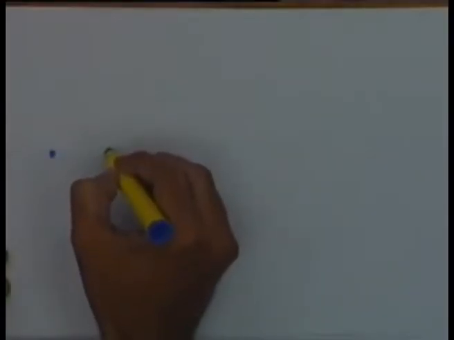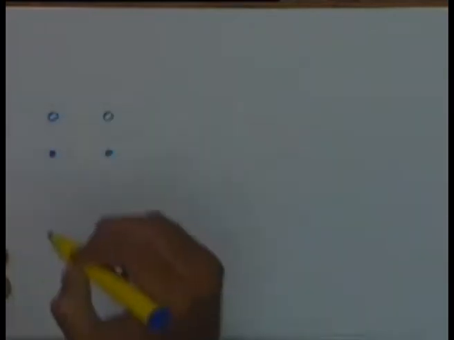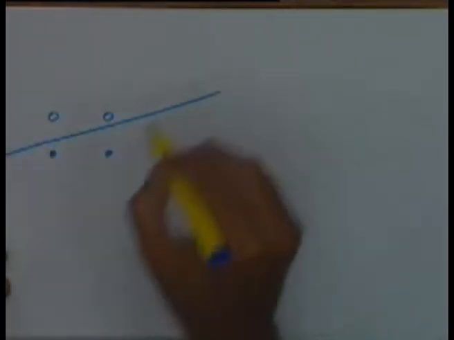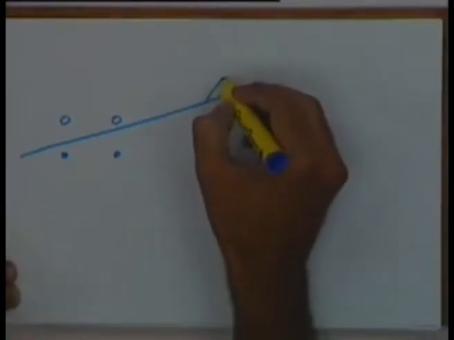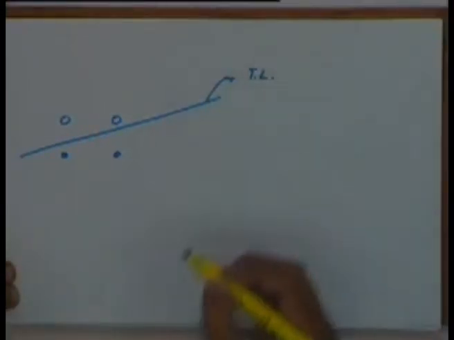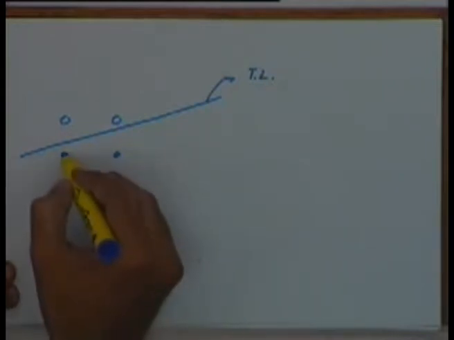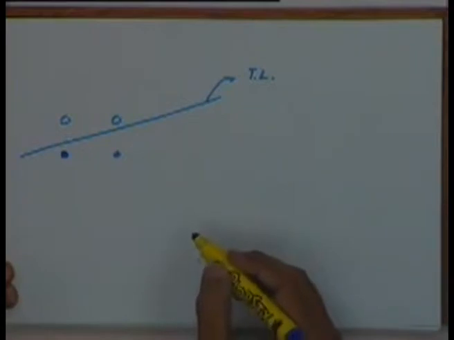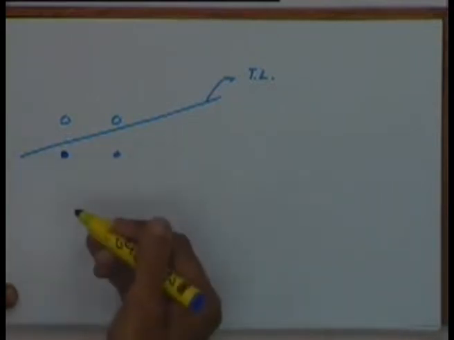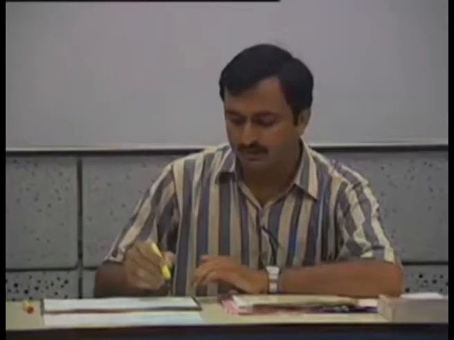If we have a set of pixels like this, this is the true line. One pixel that has been displayed is this pixel that I have shown here in dark. You have already seen the previous line drawing algorithm. We display pixels in a loop.